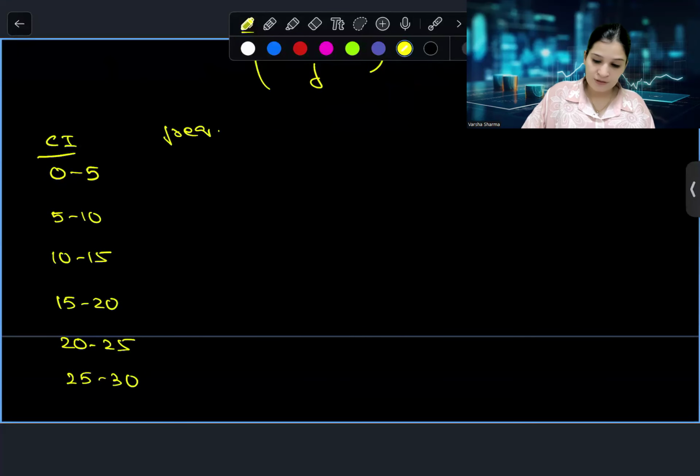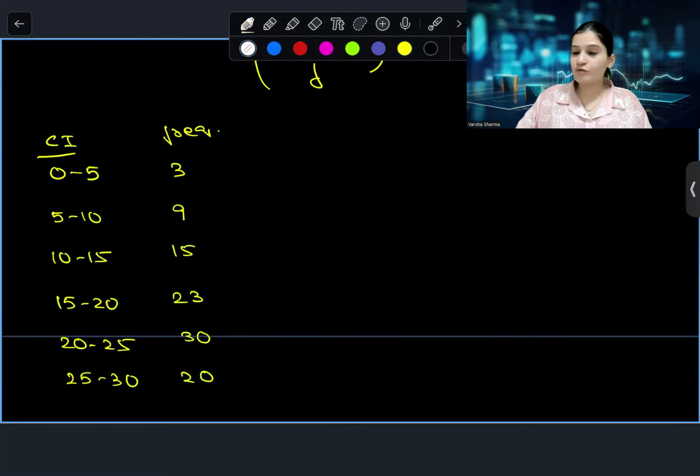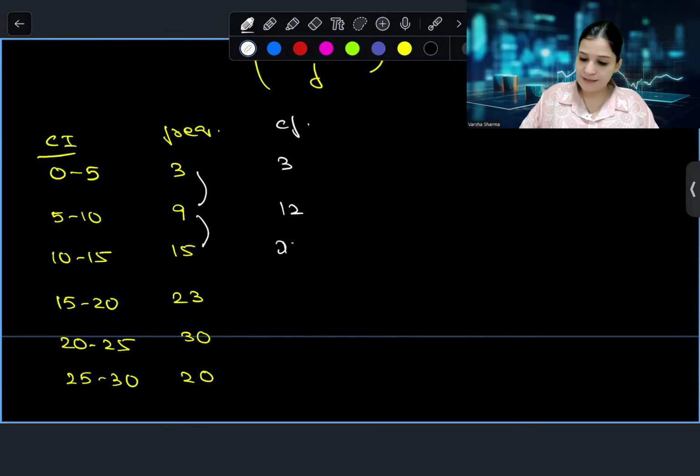Frequency: 3, 9, 15, 23, 30, 20. Again, we will need a cumulative frequency column. 3, 3 plus 9, 12, plus 15, 27, plus 23, 50, plus 30, 80, plus 20, 100.